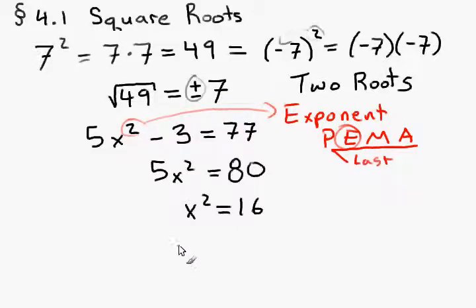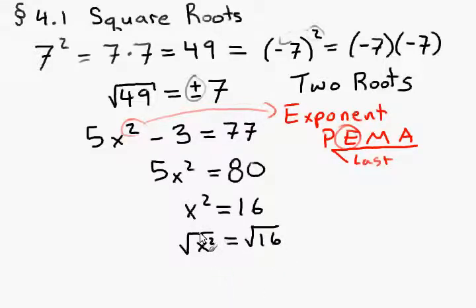Now, what we want to do here is take the square root of both sides. It's an operation. It's the inverse of this exponent to the second power. So we're going to have to apply it to both sides. So this is the square root of x squared is equal to the square root of 16.